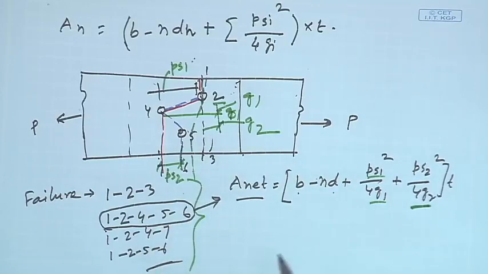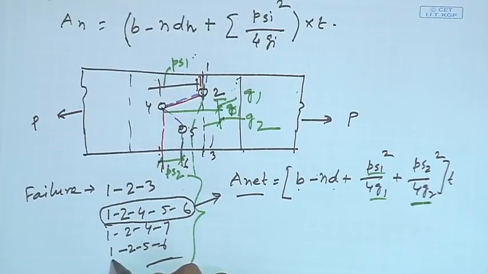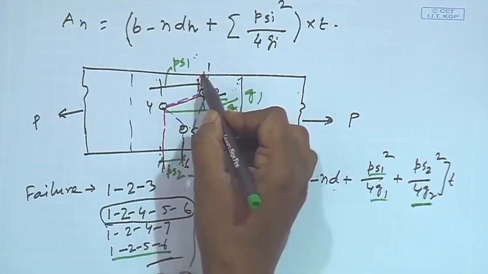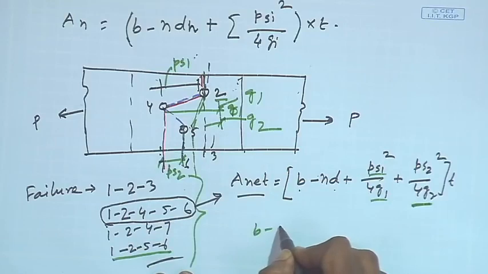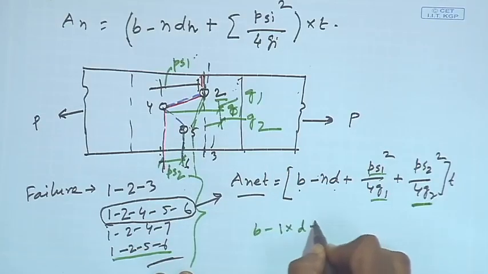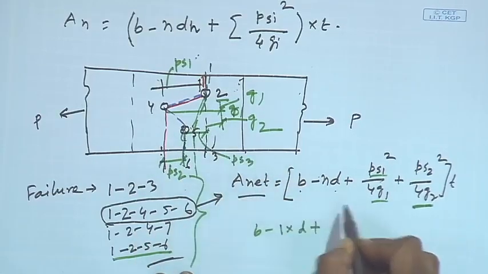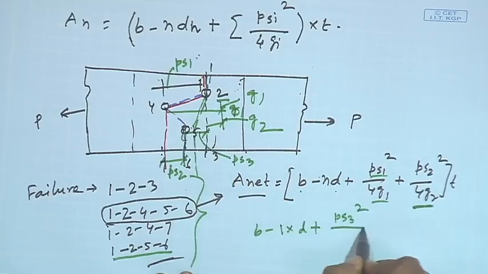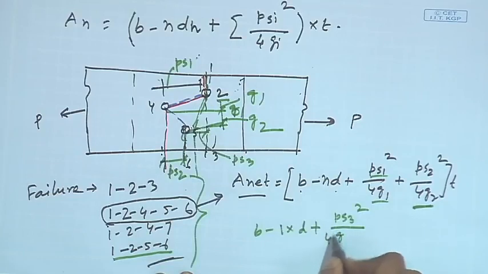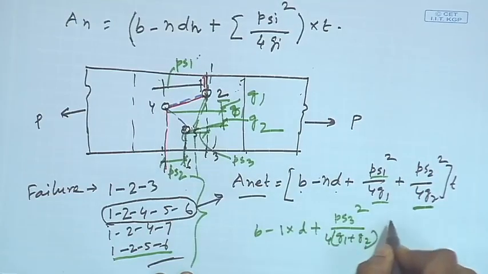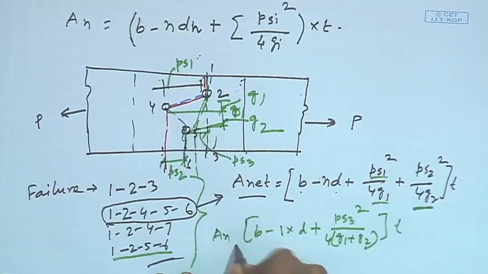So, this is how I can calculate. But if I consider that it is failing along 1, 2, 5, 6, then it will be B minus N D, where N is 1, plus, in this case, P S 3 square by 4 times G 1 plus G 2, into T. For this particular case, N will be this.